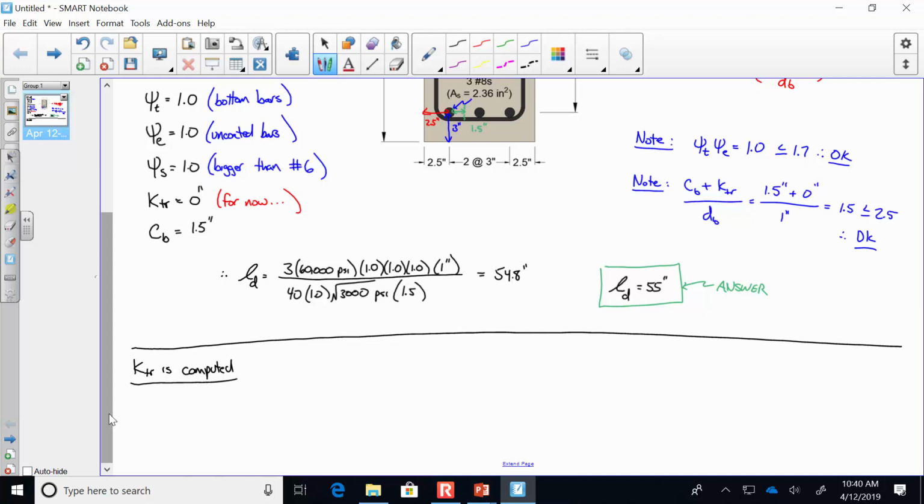All we're asking is what that length needs to be so that when I do an analysis, I can assume that the bar can hit Fy. As long as I can assume that, I can assume it for any load scenario. A beam could have a simply supported load on it, point loads, whatever, and when I compute the capacity, I'm saying that Mn is A_s Fy (d minus a over 2).